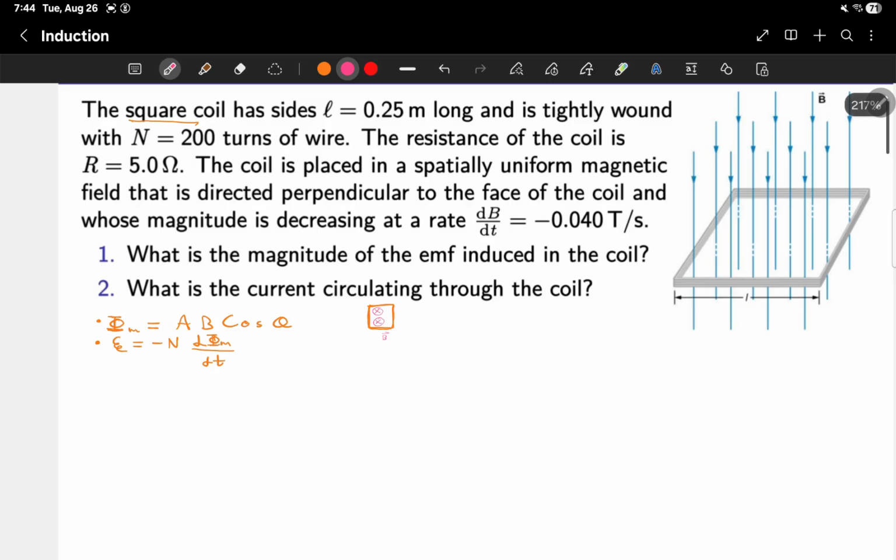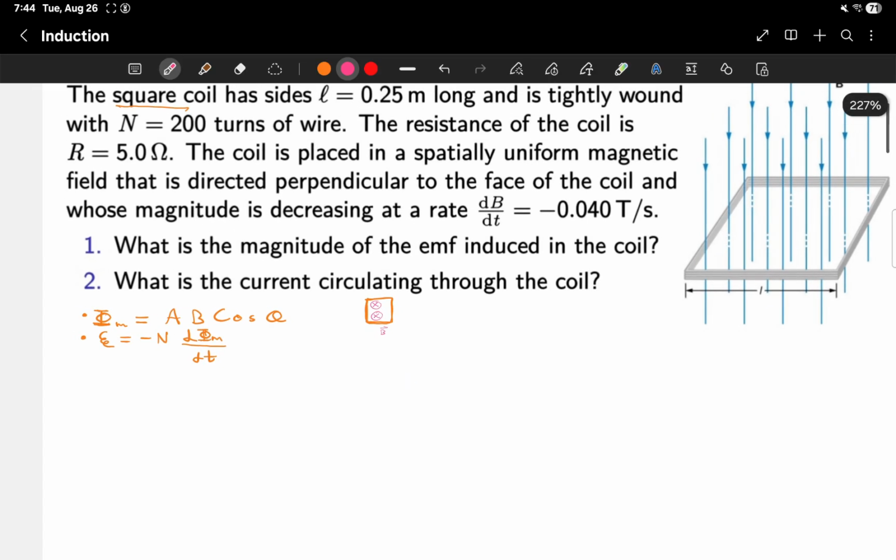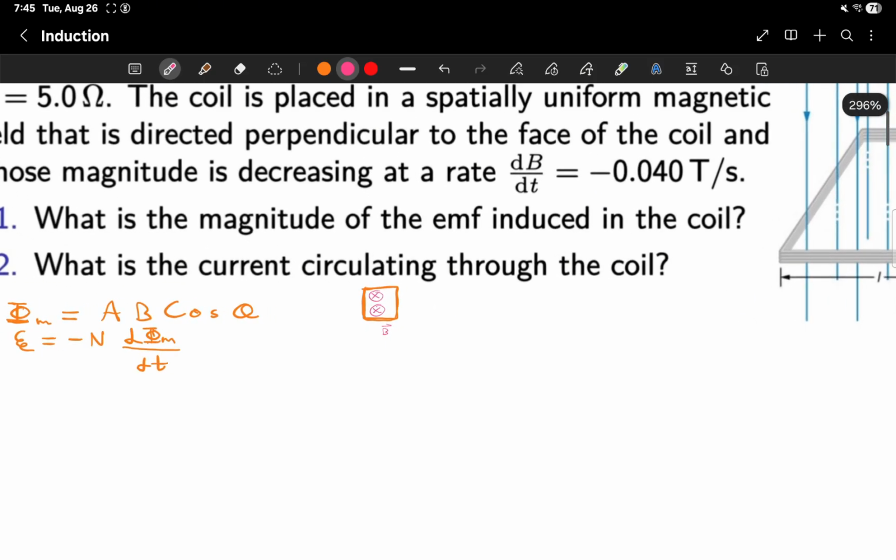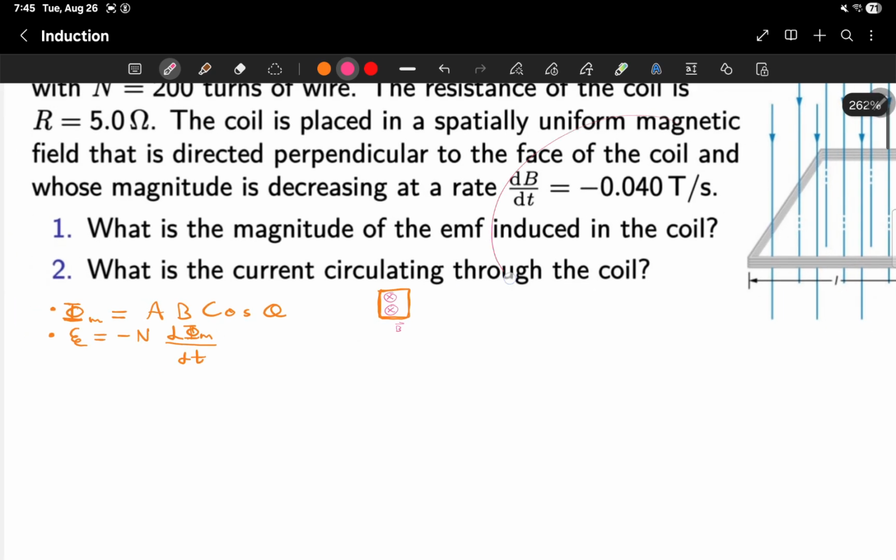Now, going further into the question, the magnetic field itself is decreasing at a rate of negative 0.040 teslas per second.